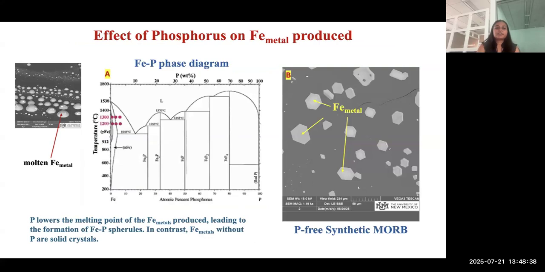Now, we were very interested to see the phosphorus effect on the iron metal produced. I'm just bringing back this plot we have already seen.